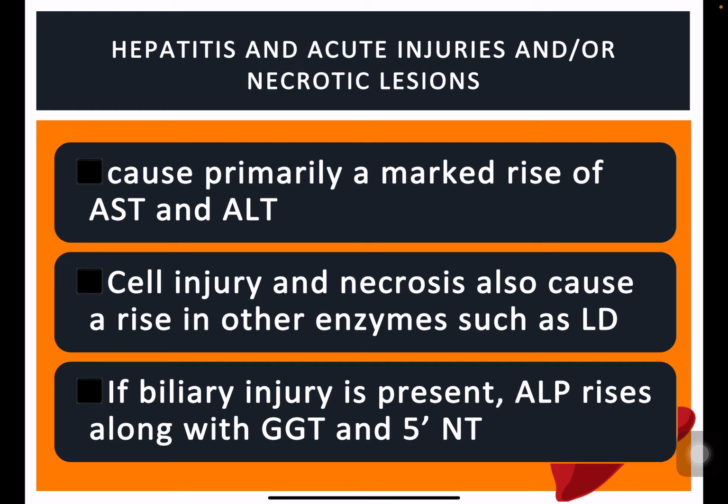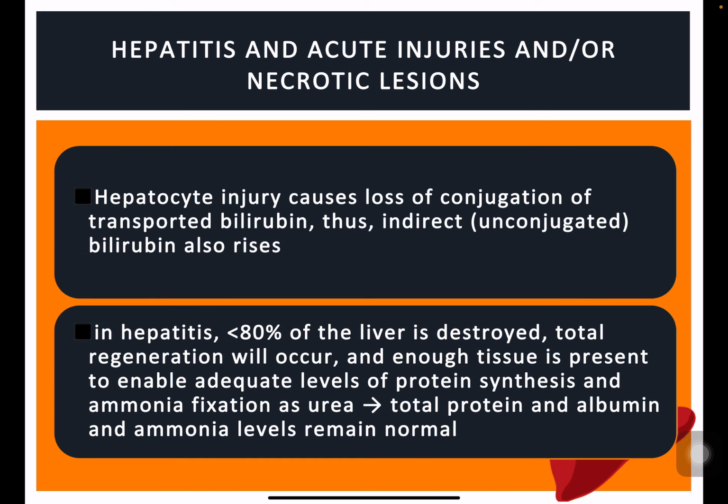So the cellular injury and the necrosis also causes a rise in other enzymes such as lactate dehydrogenase. And if there is biliary injury, the ALP also rises with gamma glutamyl transferase and your 5-nucleotidase. So again, in hepatitis and other acute liver injury, increased AST, ALT, and lactate dehydrogenase.